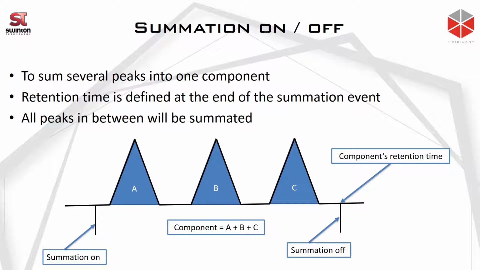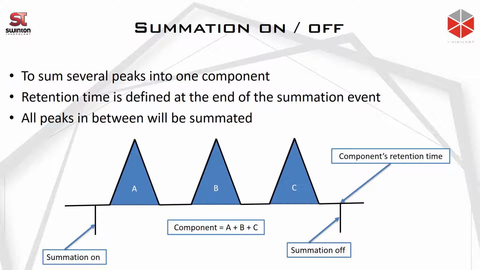The other event that we see a lot in the GC is summation on and summation off. It doesn't happen very often on the C6 plus GC, but a lot of times it happens on the C7 plus GC. And the function of it is to sum several peaks into one component. For instance, on the hexane component, we have a lot of isomers of hexane, which need to be included as one peak.